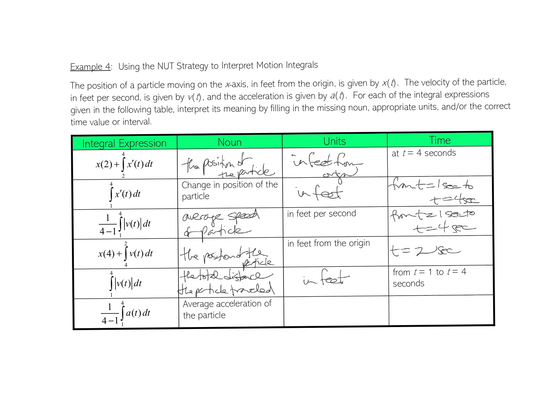Okay, last one. 1 over 4 minus 1 of the integral from 1 to 4 of a of t dt. So this is the average acceleration of the particle, and this would be in feet per second squared. And this is from t equals 1 to t equals 4 seconds.